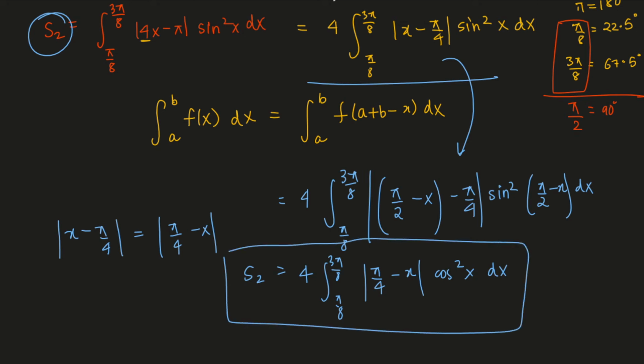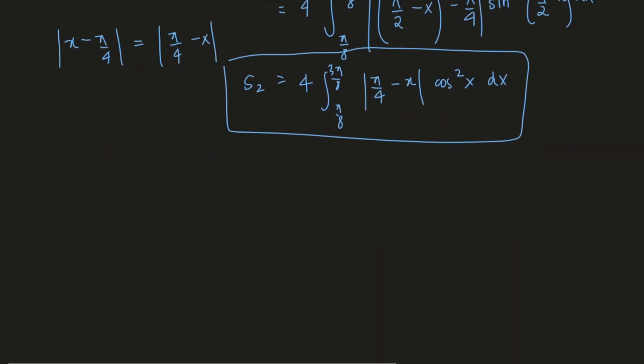And this is a really classic trick that you can employ to make your lives easier. So 2 S2 is equal to 4 times the integral from pi over 8 to 3 pi over 8. And since we are summing the integrals, we can also just write inside the integral the sum of both the integrands.